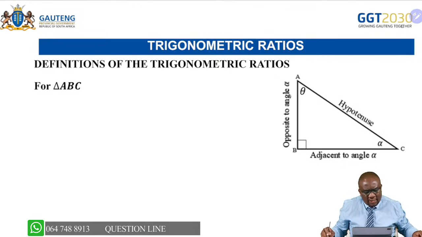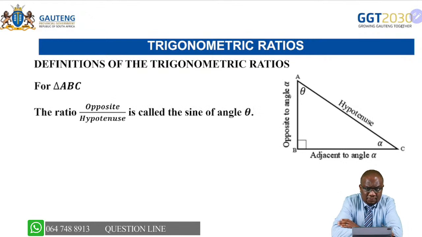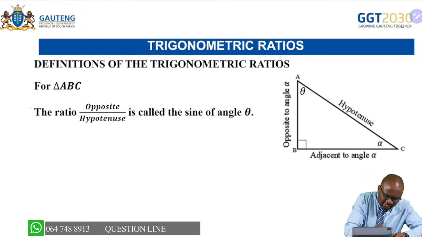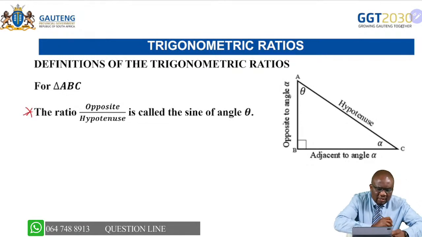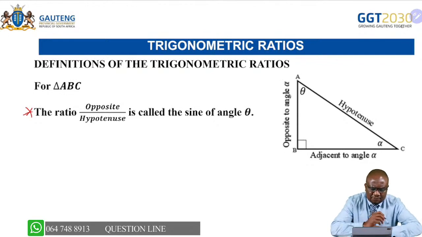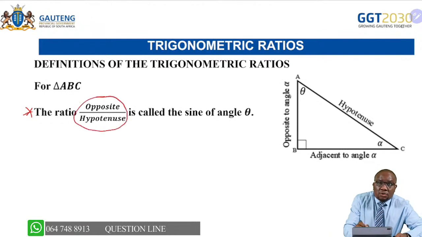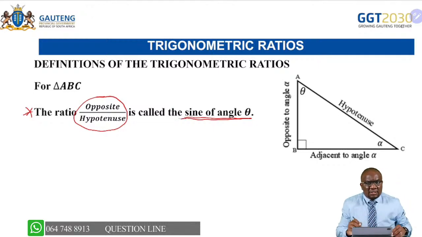For angle ABC, now I'm introducing the ratios. I want you to write this down. The ratio opposite over hypotenuse is called the sine of angle theta. This ratio is called sine of angle theta. Please write that down.